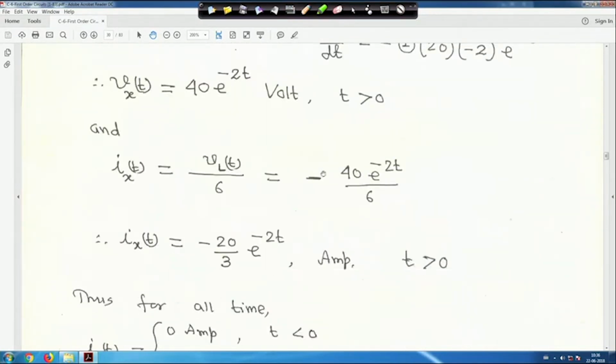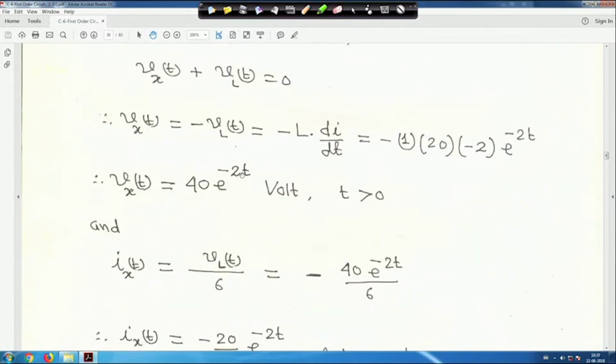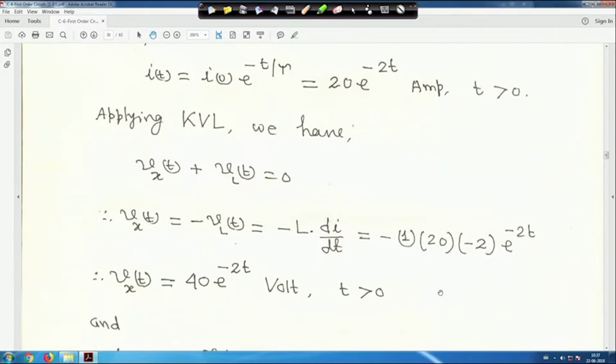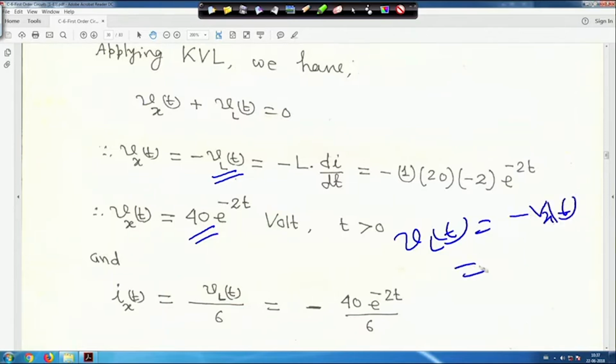In this case we are writing Ix(t) is equal to VL(t) upon 6. We have VL(t) equal to minus L di upon dt. Since Vx(t) is equal to minus VL(t) and we got Vx(t) as this much, our VL(t) is equal to minus Vx(t), which is minus 40 e to the power minus 2t.